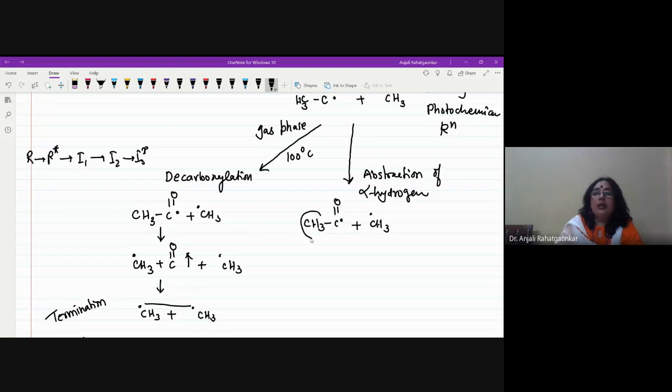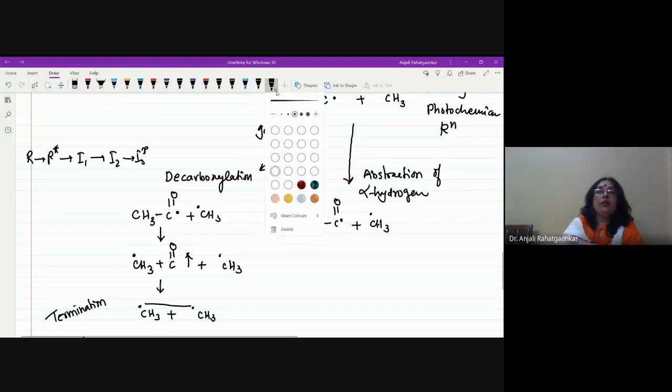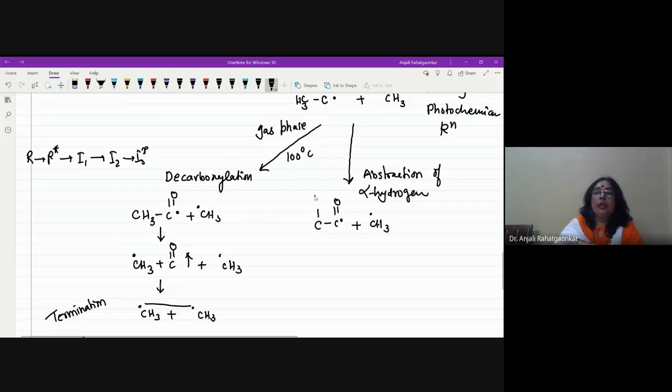Now here I will modify this moiety a little, because I need to show the alpha. So there is an abstraction of alpha hydrogen. This radical abstracts the alpha hydrogen. Alpha hydrogen means the alpha carbon having alpha hydrogen.